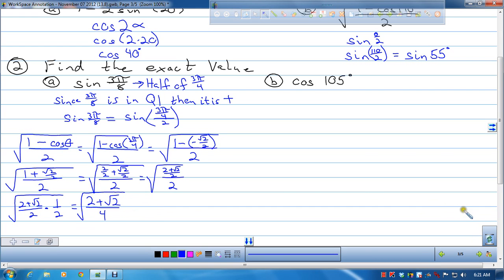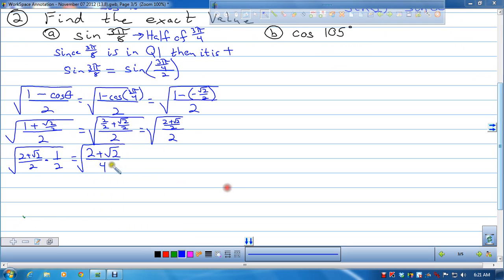I'm going to simplify even further to show you what the book might show. The book recognizes it as this right here. That is the same thing as having 1/4 times 2 plus root 2 over 1.